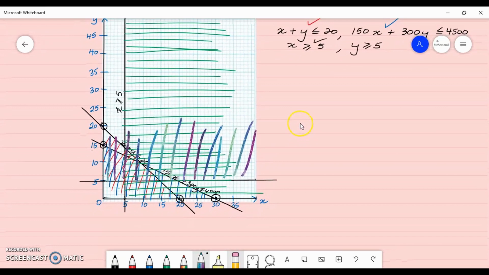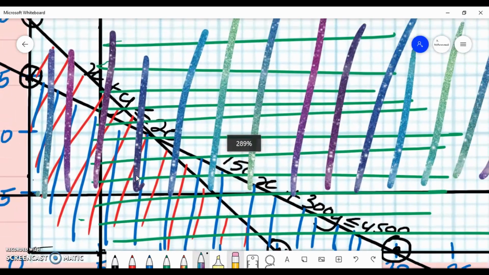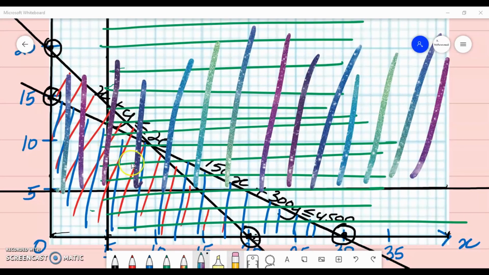So we are going to examine the graph and look for that part where we are seeing all of the colors. So I'm just going to enlarge this, and you are going to notice a part of the graph with all of the colors. So let's take a look at this part here. I'm not seeing any green in this part here. Let's look at this part underneath here.